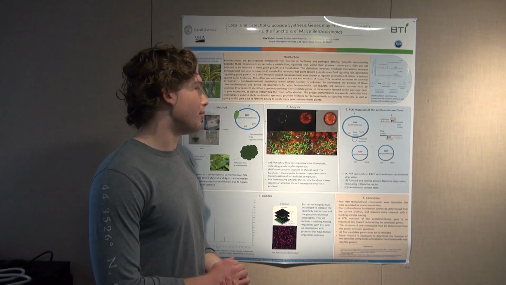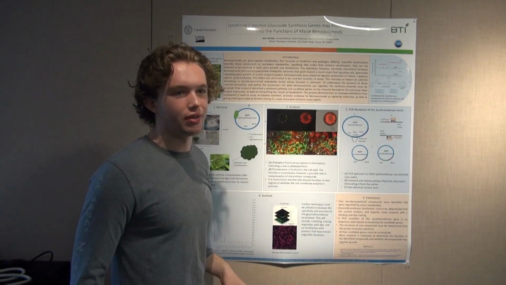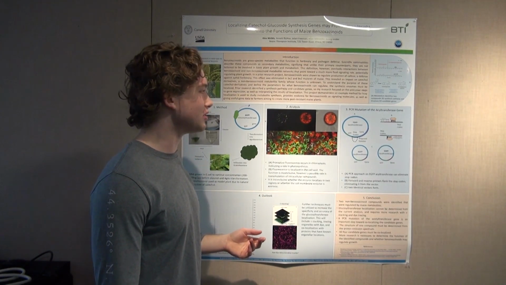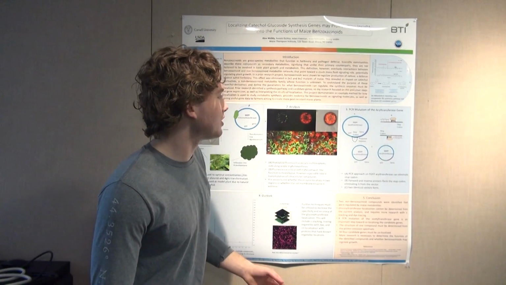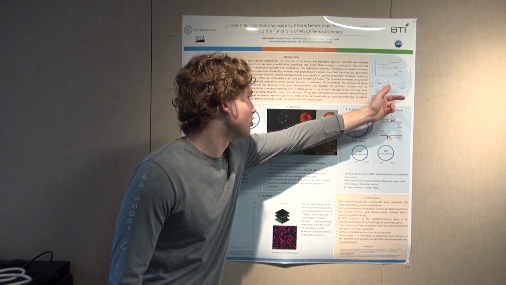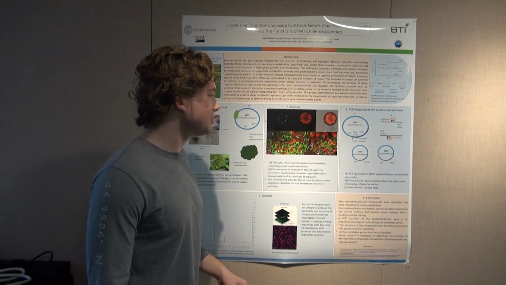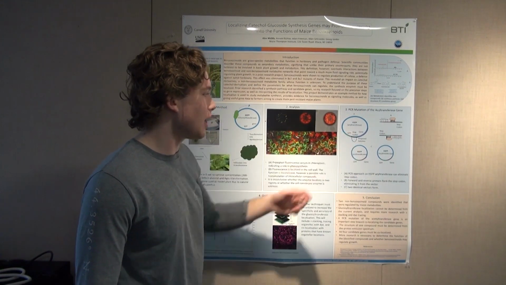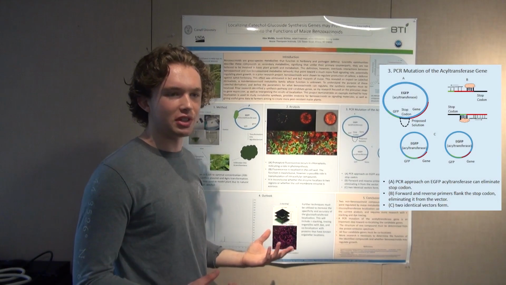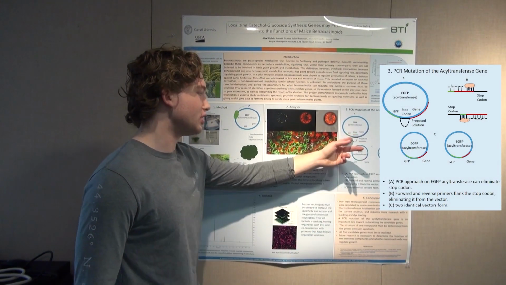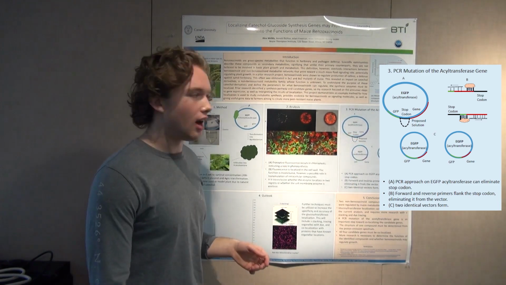So one step I performed towards the goal of co-localization is a PCR mutation on the acyltransferase gene, which is the one that converts Catechol-Glucoside to acetylcatechol. And essentially what we did, there was a stop codon which was preventing fluorescence. It's just 3 base pairs right after the gene, in between the GFP.